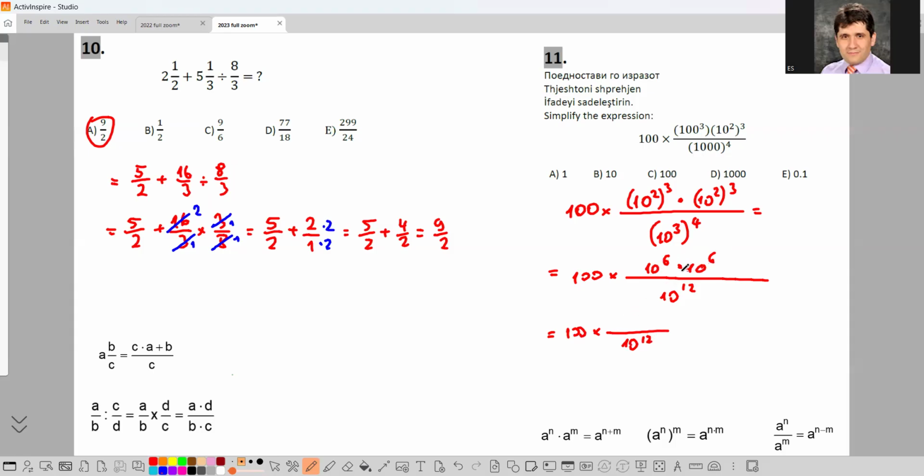And how do you multiply numbers with the same base? You just add the exponents. That means it's 10 to the power 12. Now we can obviously see that this and this cancels out. So what's left? Just 100.